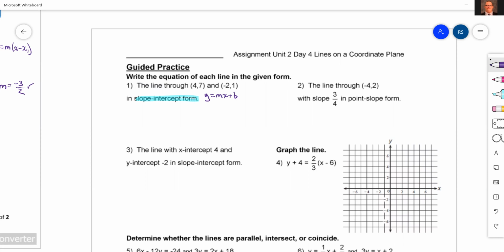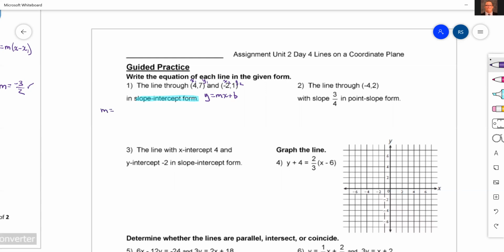Well, first we've got to find our slope. So label our points: x1, y1, x2, y2, and use our slope equation.